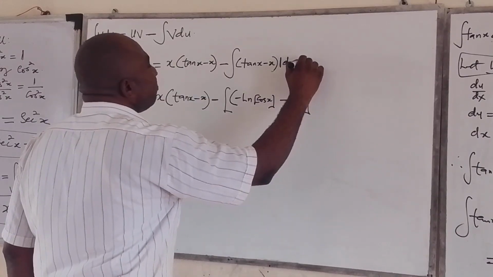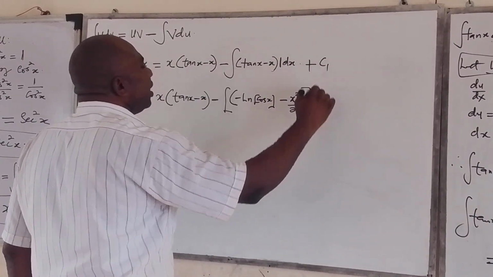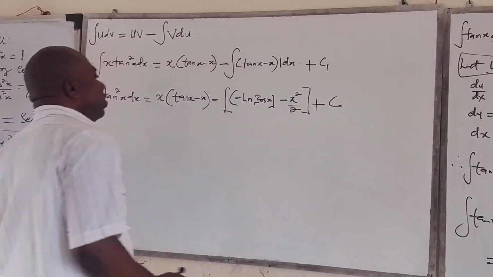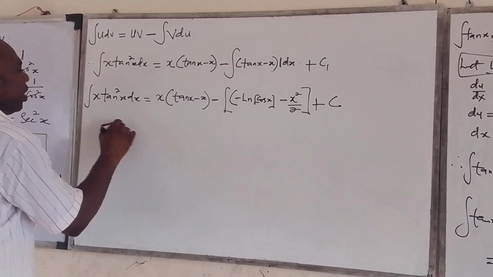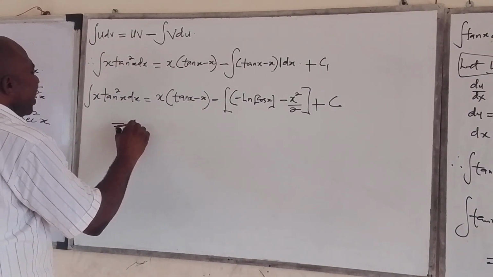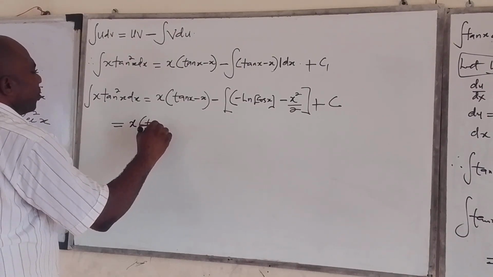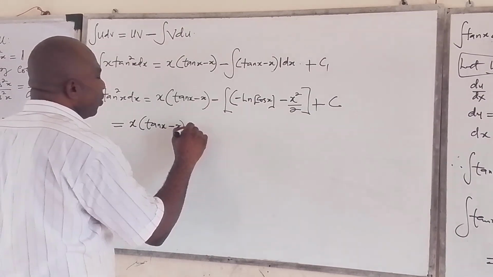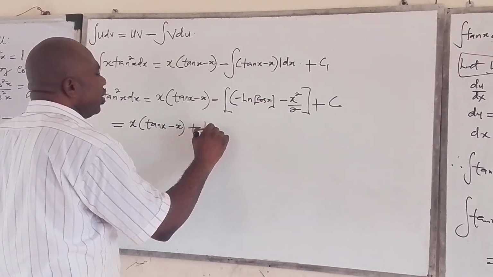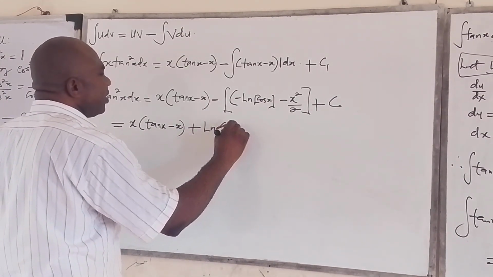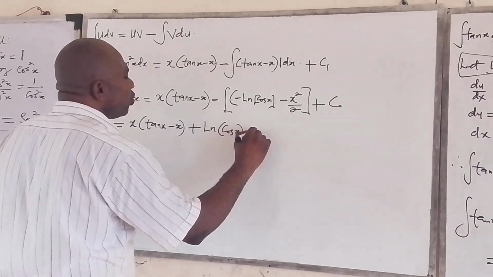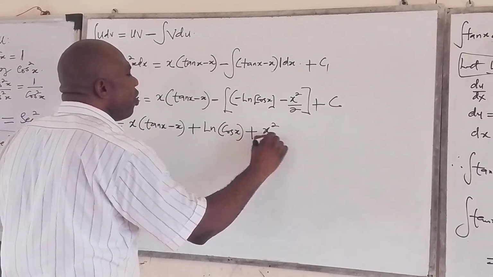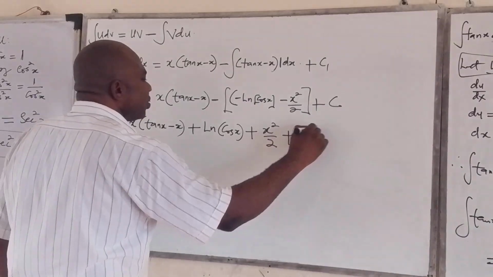Let's call the constant of integration c. So the whole of this will be equal to x in brackets tan x minus x, then minus minus is plus, so we have plus ln cos x, and minus minus is plus, so we have plus x squared over 2, plus c.